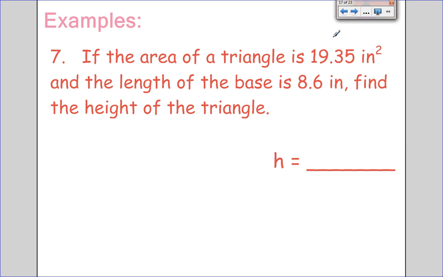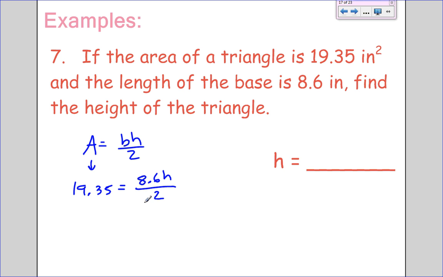If the area of a triangle is 19.35 inches squared and the length of the base is 8.6 inches, find the height of the triangle. So let's start whenever we have a word problem by writing the formula. And let's plug in what we know. The area, so instead of A, I'm going to write 19.35 equals, base it says is 8.6, and we don't know the height.